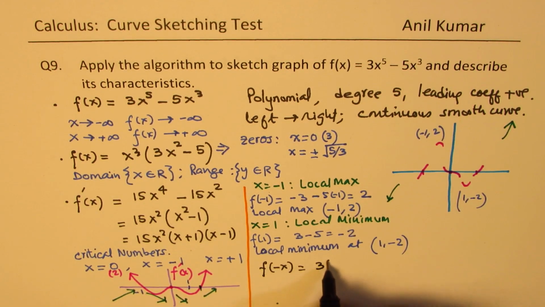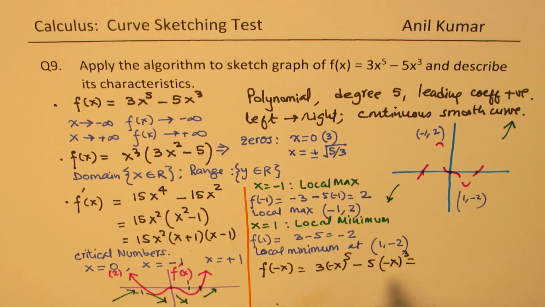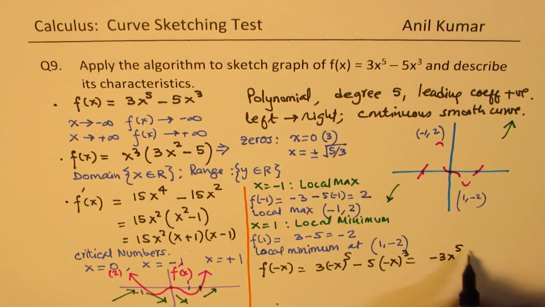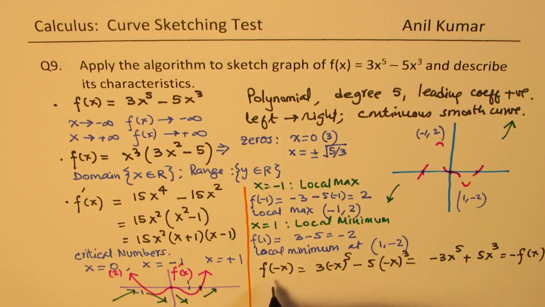I get 3 times (minus x) to the power of 5 minus 5 times (minus x) to the power of 3. These are negative values, so we get negative 3x to the power of 5, positive 5x cubed, which is the negative of f of x. Do you see that? Therefore, the given function f of x has odd symmetry.